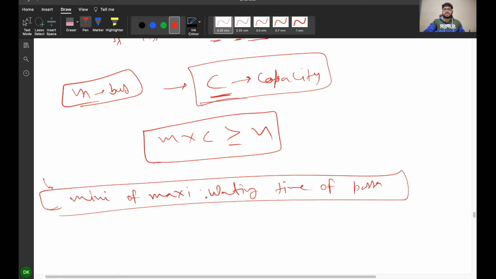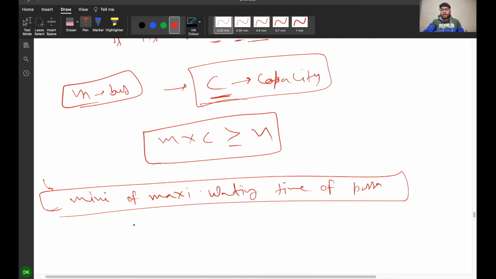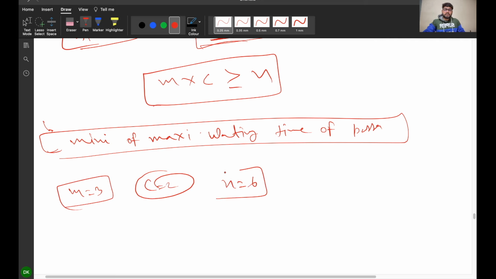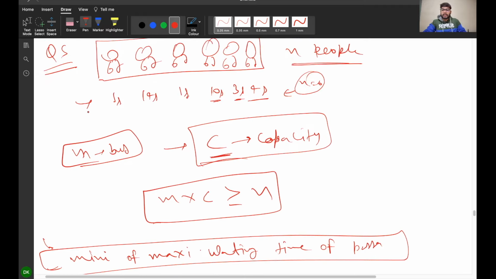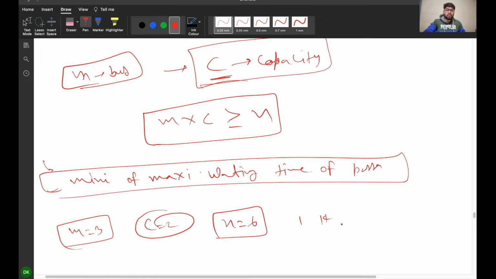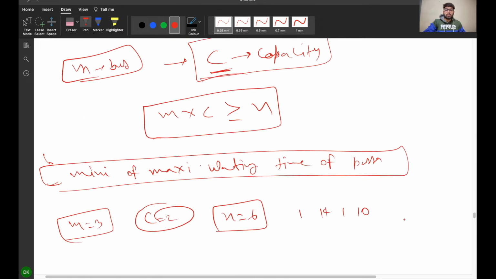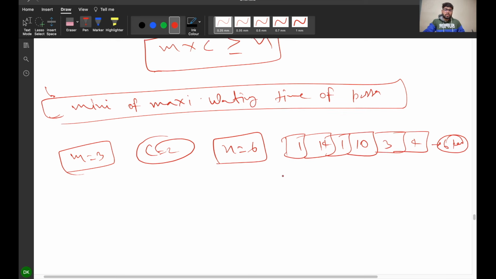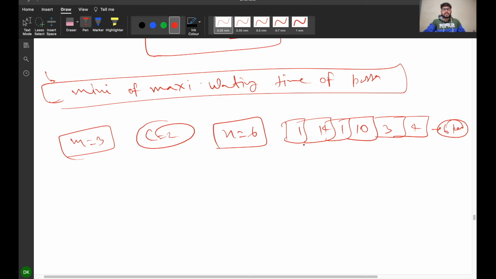First of all, let's analyze this question. Let's say I have m equal to 3, C equal to 2, n equal to 6, and I can take the same array: 1, 14, 1, 10, 3 and 4. These are the waiting time periods of 6 people. Our task is to place all the persons into the buses and calculate the waiting time.